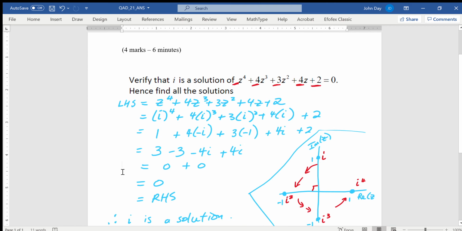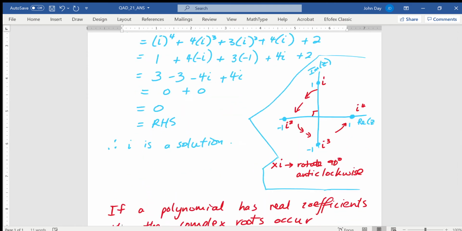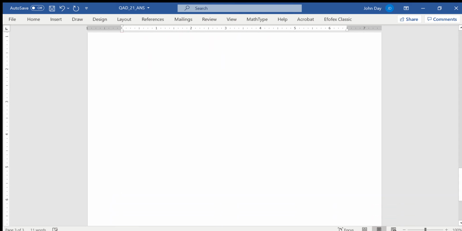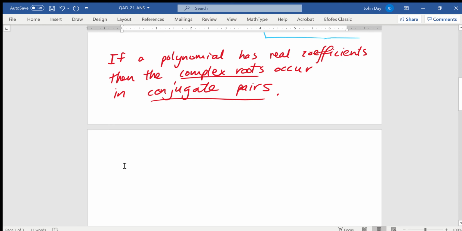So let me just grab some more room. If we know that one root is i, since i is a root, then minus i is also a root.